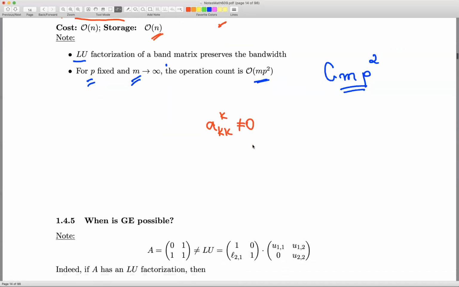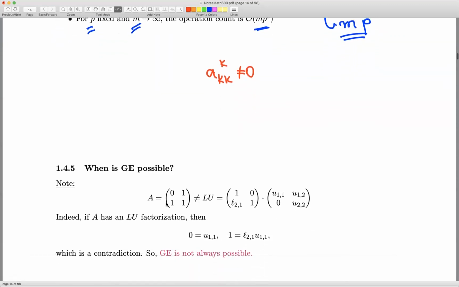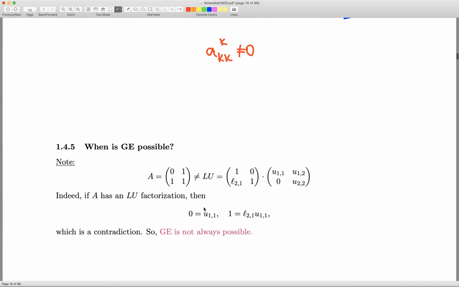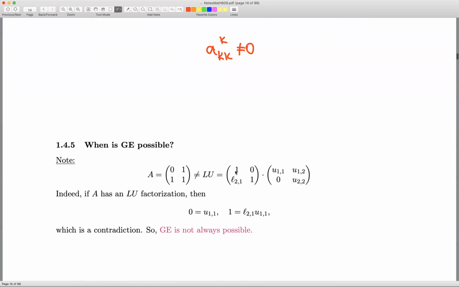Now, if we have a case here, for example, where the matrix A is the simple matrix [0, 1; 1, 1], where the first pivot element is 0, the question is, does this matrix have an LU factorization? Let's assume that it does.